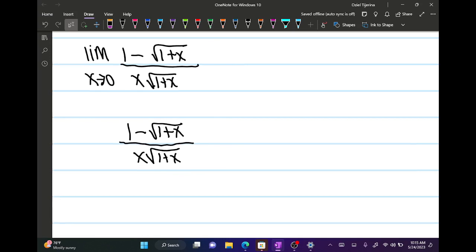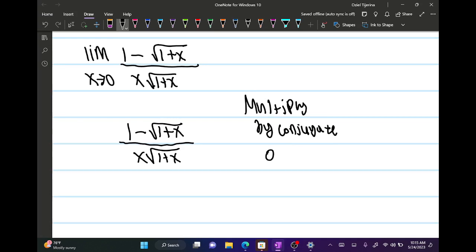So what we're going to do is multiply by the conjugate of the numerator.